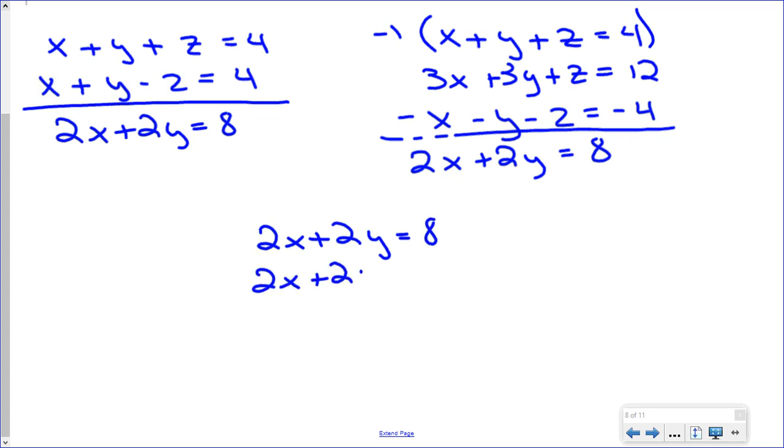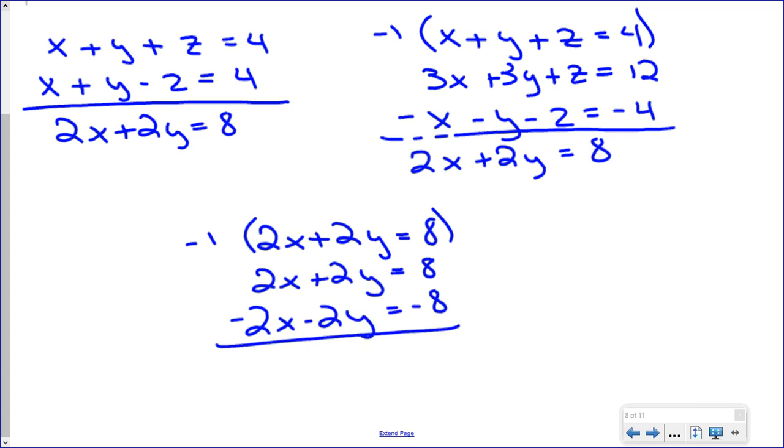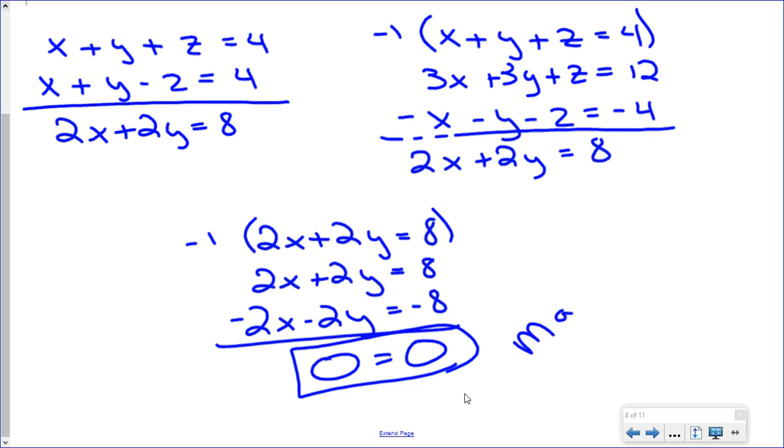Same thing. If you want to get the x's to eliminate, you'd multiply the top times -1. Plan worked out. On the left-hand side, you'd get just a big 0 because everything cancels. Same thing on the right-hand side. 0 equals 0 is an example of many solutions.